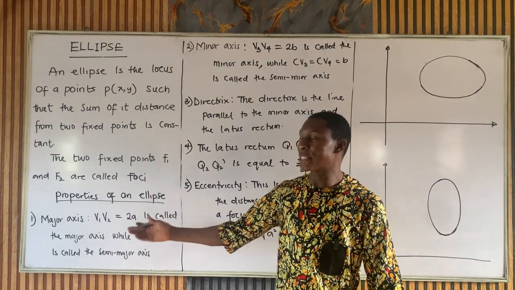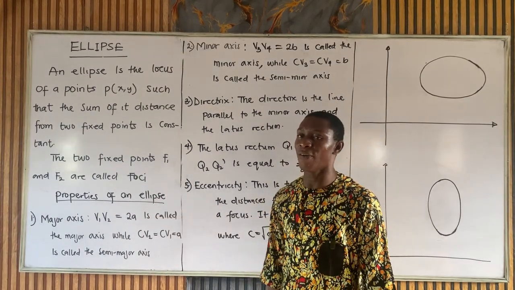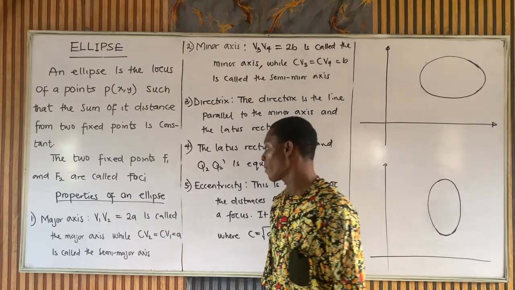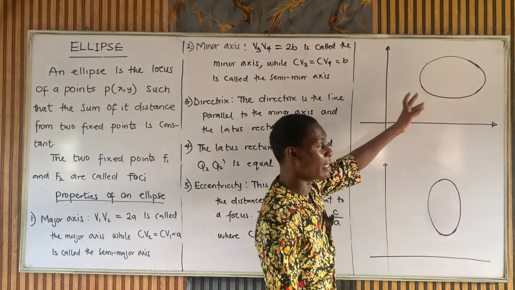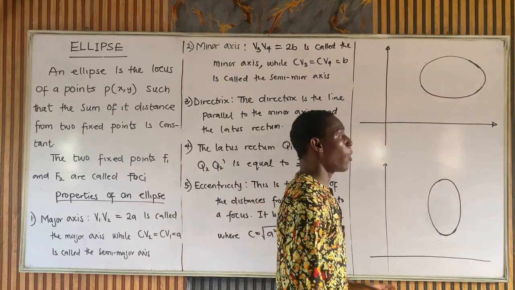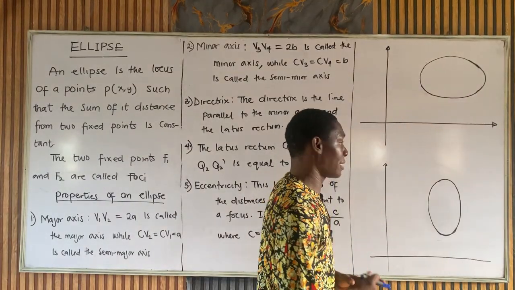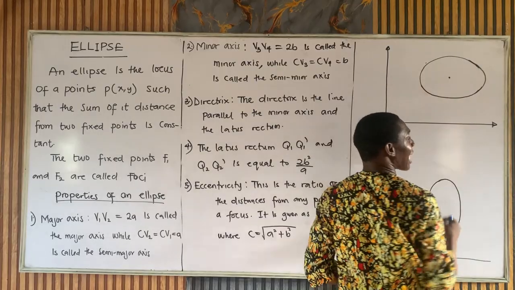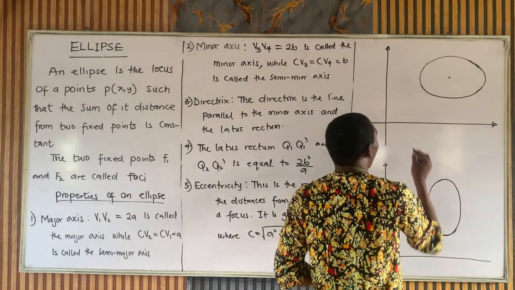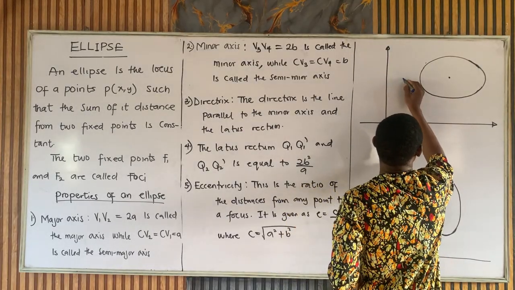Next, we want to consider the properties of an ellipse. First and foremost, these are the two types of ellipse we have. Now, one thing I want to take note of is this. This point here is called the center of the ellipse. And this is our major axis.